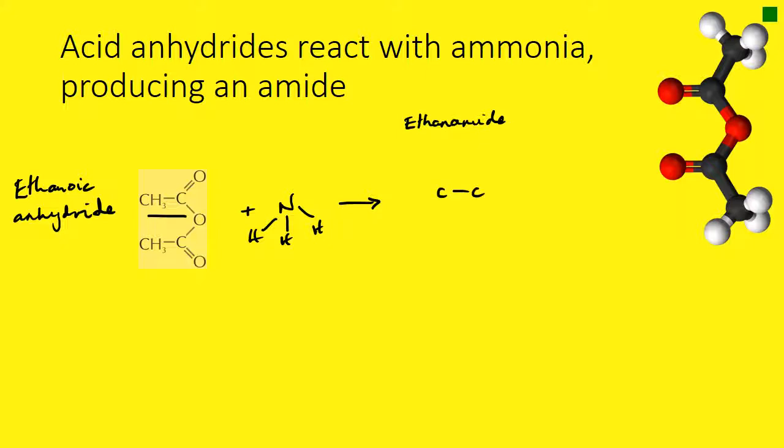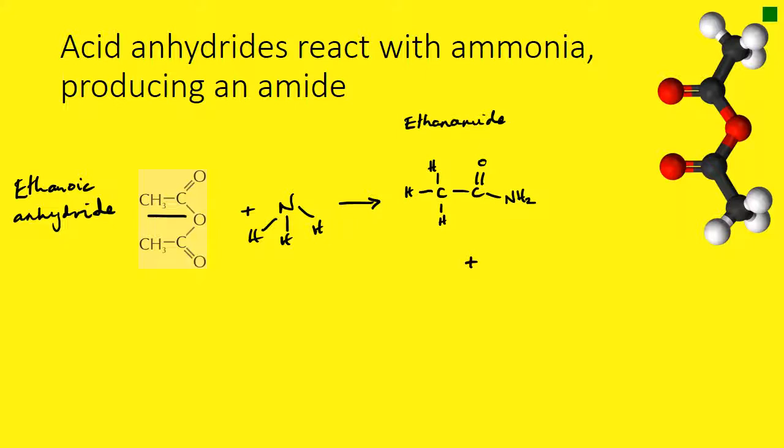We've got 2 carbons, eth, with a carbonyl group coming off one, and the NH2 group coming off at the other side of it, and we just need to complete it by putting in our 3 hydrogens. Okay, and that's our ethanamide.